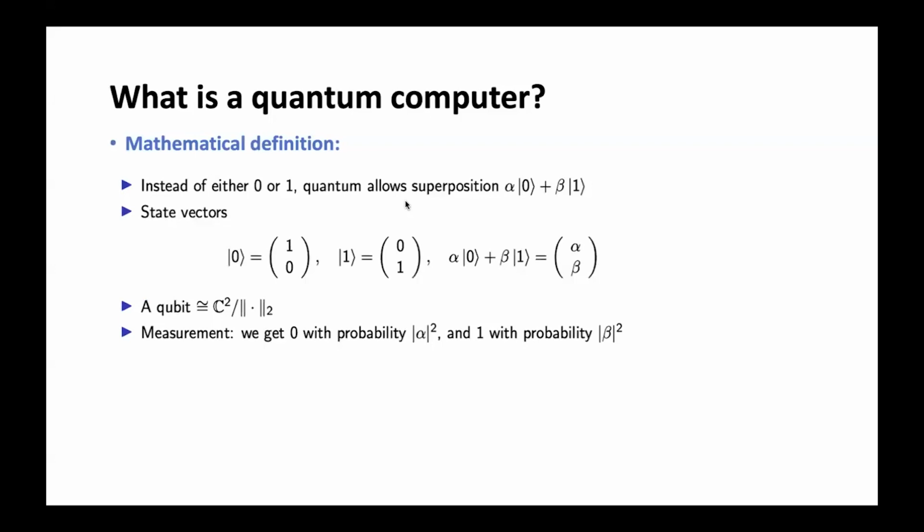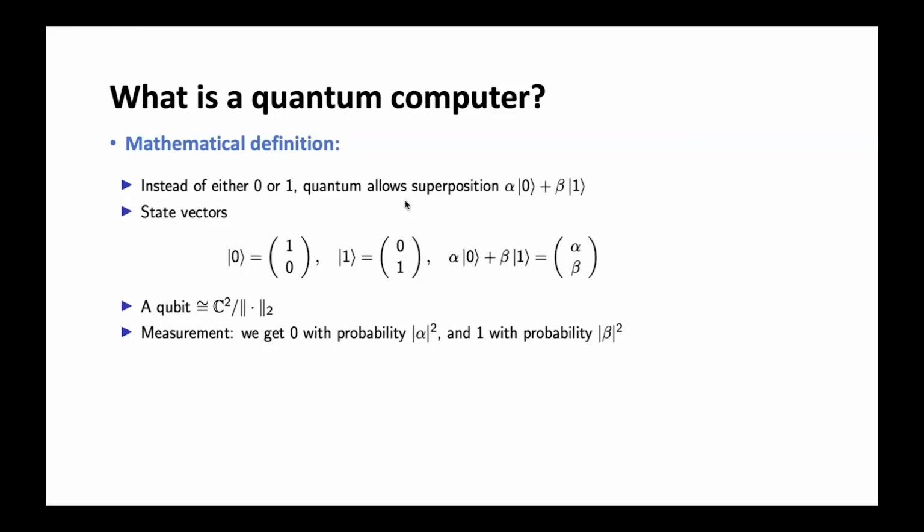And if we want to write down what these state vectors are, this notation corresponds to this two-dimensional vector, and this notation corresponds to this two-dimensional vector. So we can represent any two-dimensional vector as a linear combination of these two. So in some sense, the space of qubit states is isomorphic to a two-dimensional complex space.